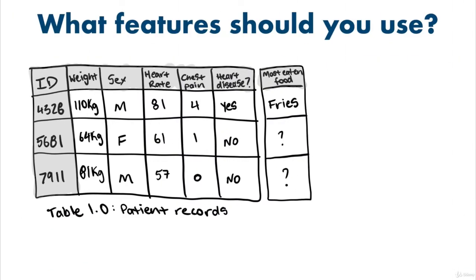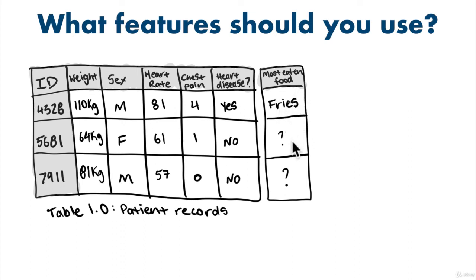The final thing to remember is, a feature works best within a machine learning algorithm if many of the samples have it. For our predicting heart disease problem, say we had a feature which was called most eaten foods, which had a list of the foods the patient ate most often. But only 10% or 10 out of 100 patient records had it. So this one, patient ID 4328, has most eaten food, which is fries.